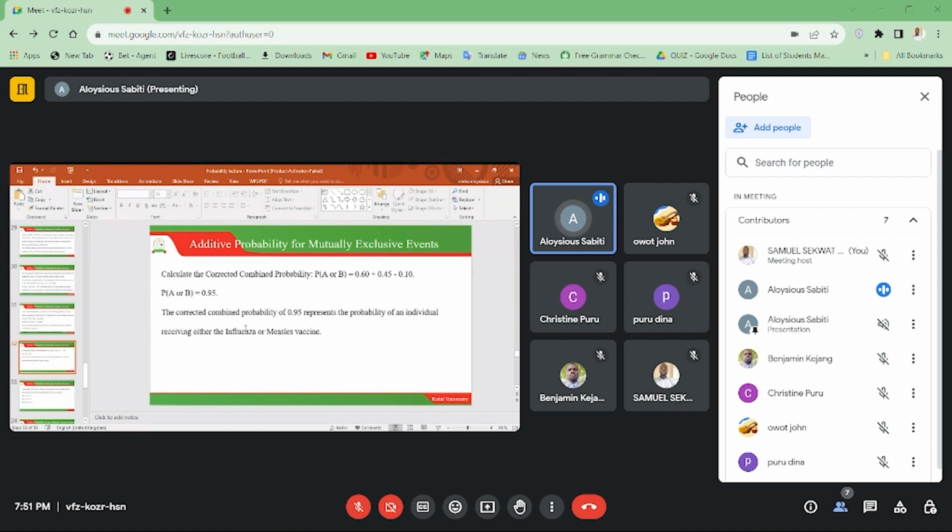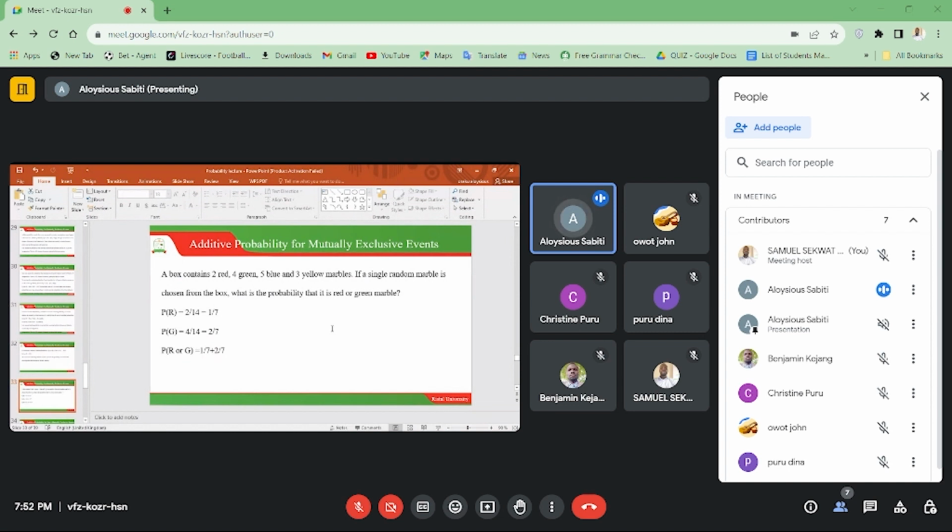So we have another example here to explain additive probability for mutually exclusive events. The box contains 2 red, 4 green, 5 blue, and 3 yellow marbles. Now, if a single random marble is chosen from the box, what is the probability that it is red or green? Now, from this statement, you actually realize that this is a mutually exclusive event.